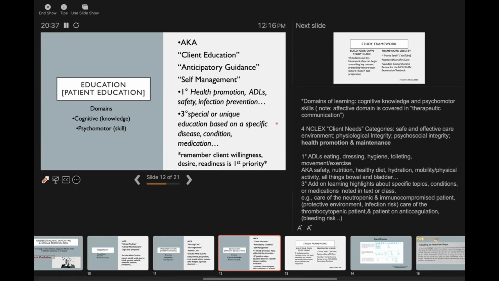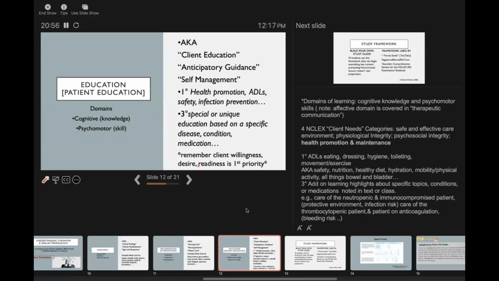But once we understand what those things are, the easy parts that we can add in are more of these tertiary special pieces. So we're adding in special and unique education based on the specific topic that we're covering.